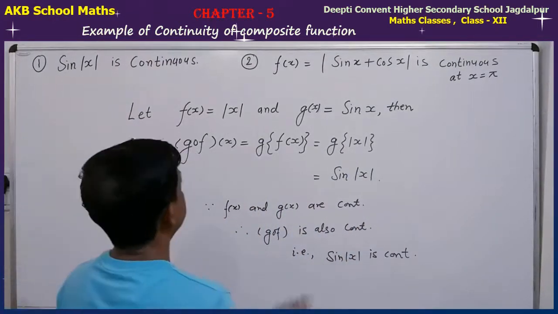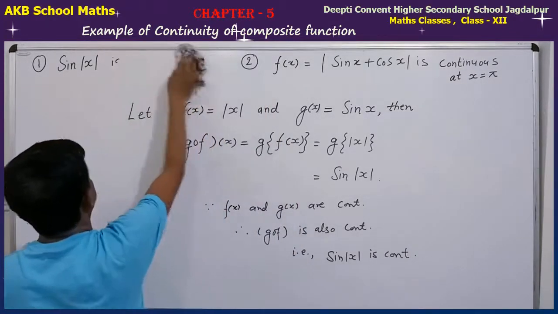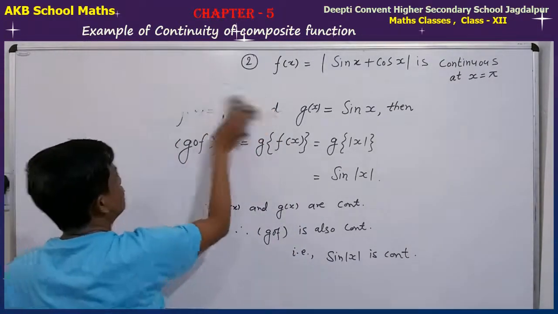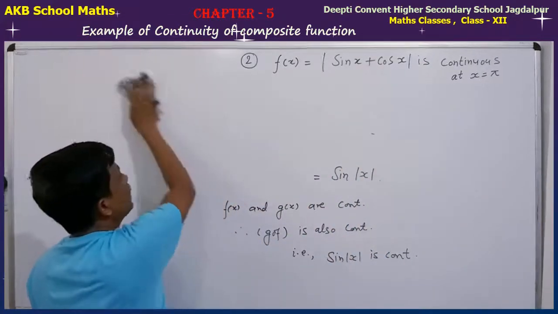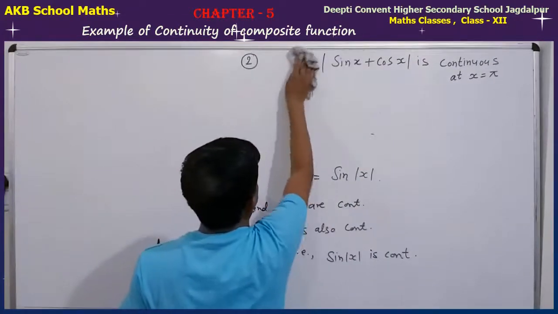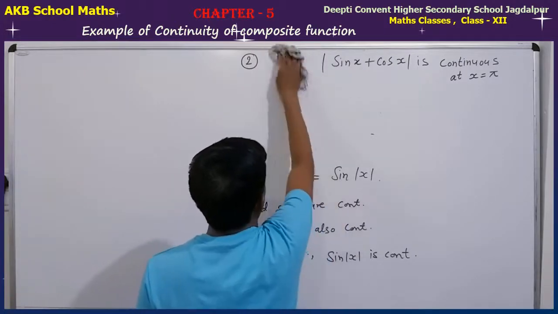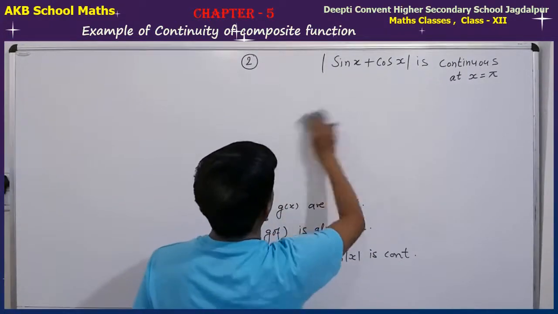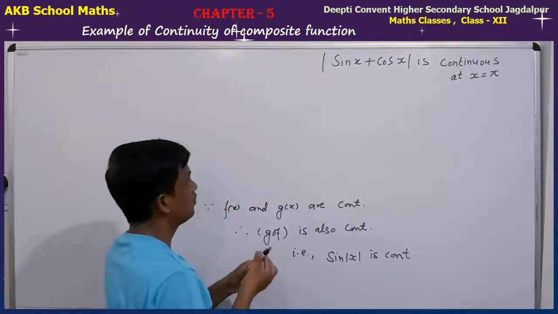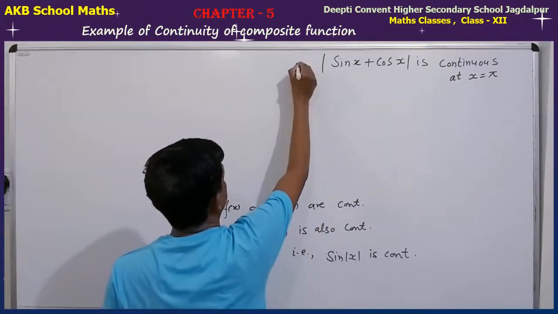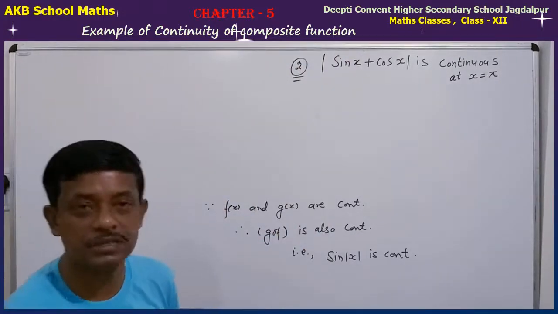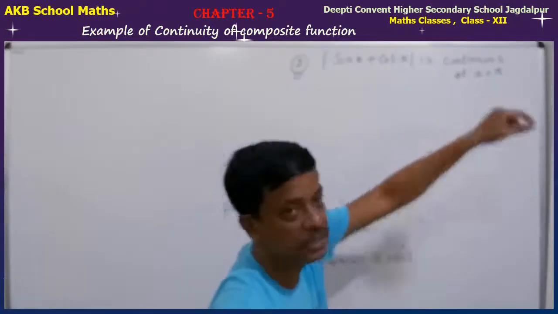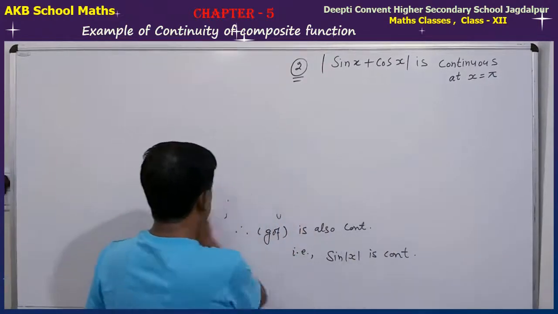Okay, now we are taking question second. Here we have to prove that mod of sin x plus cos x is continuous at x equals pi, at a particular point.